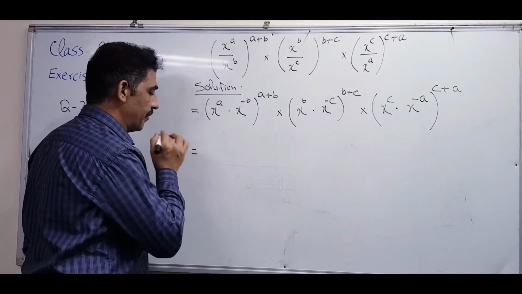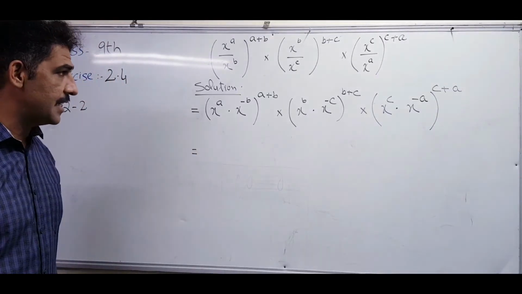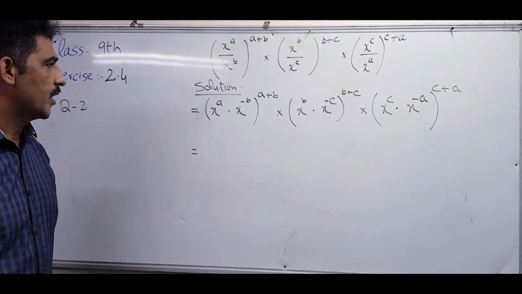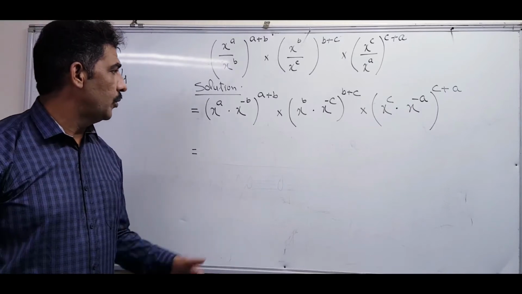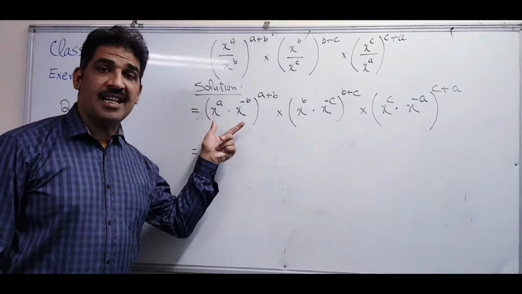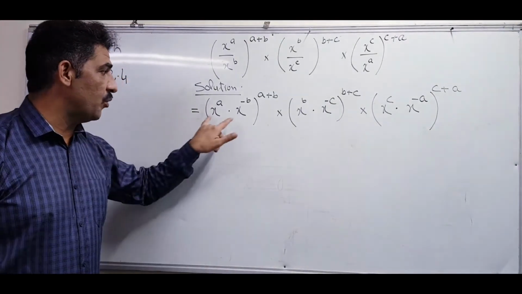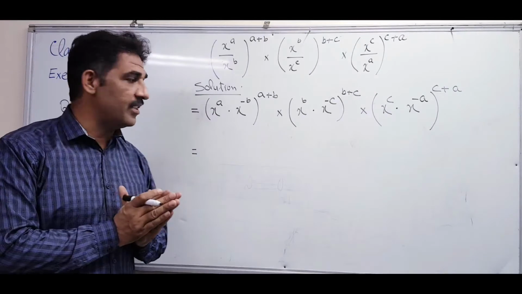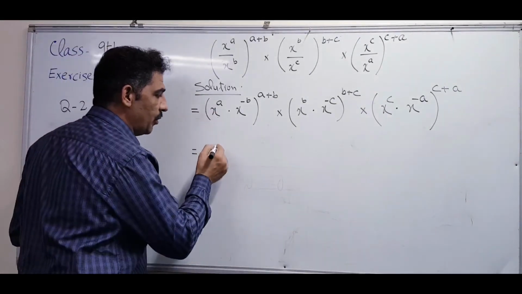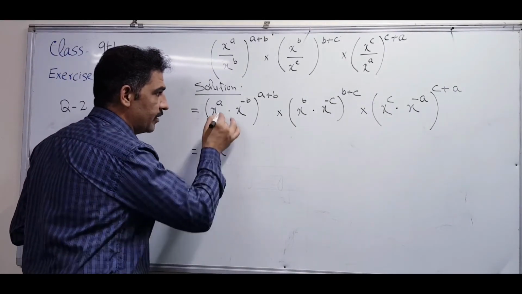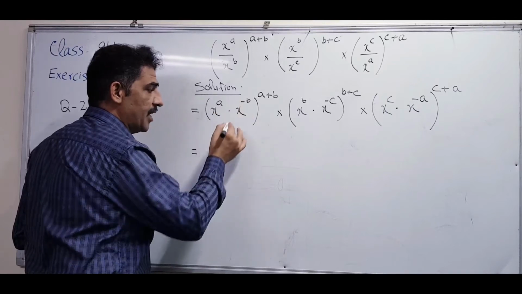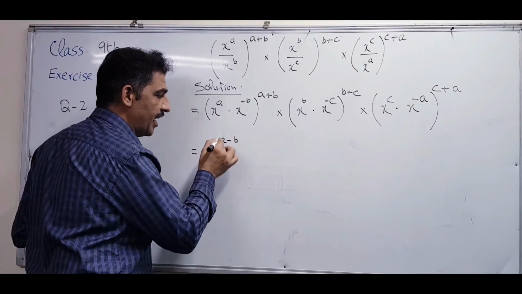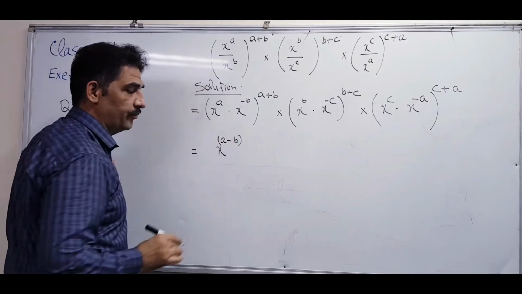The second step of this question is that we have to make a single variable. When two variables are multiplying, add their exponents. So how to add? x a plus minus minus, so you can write directly a minus b.